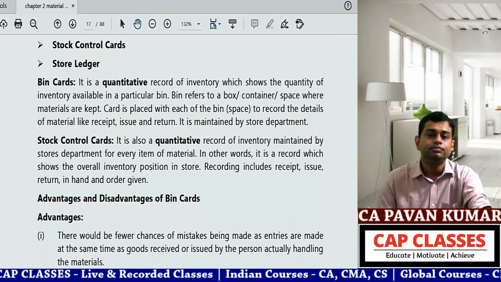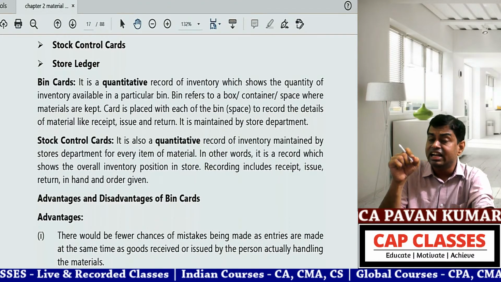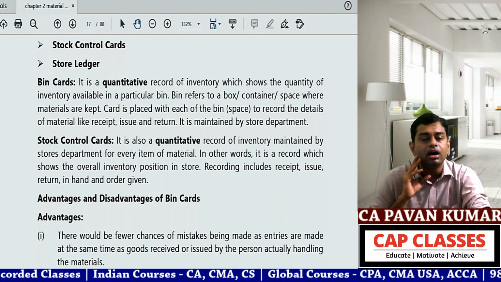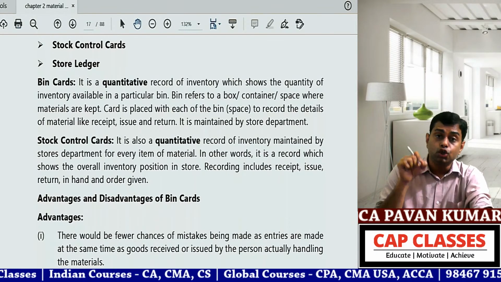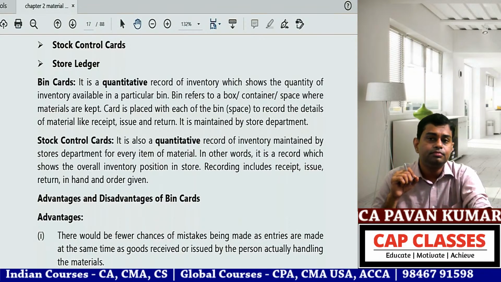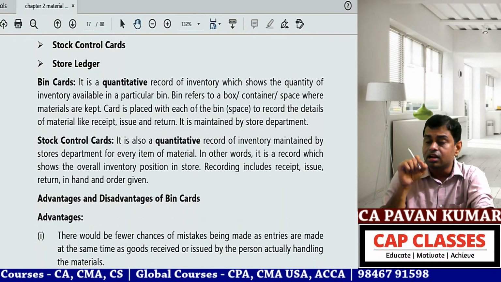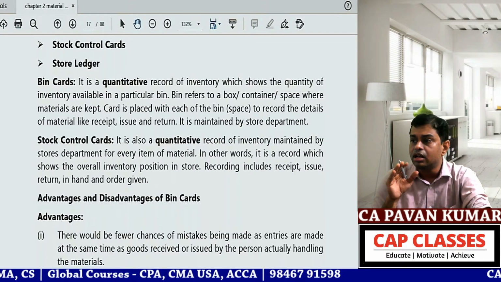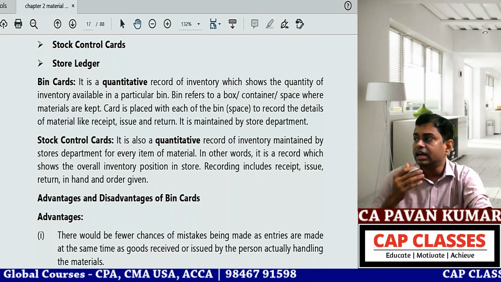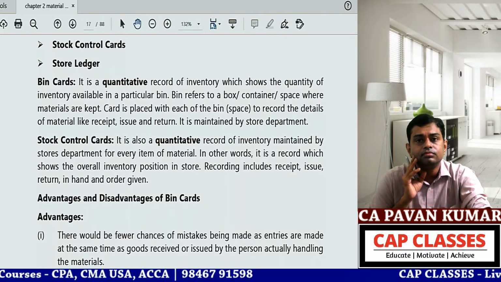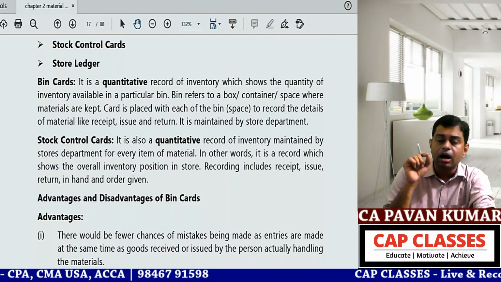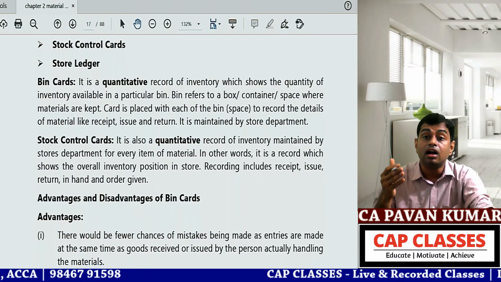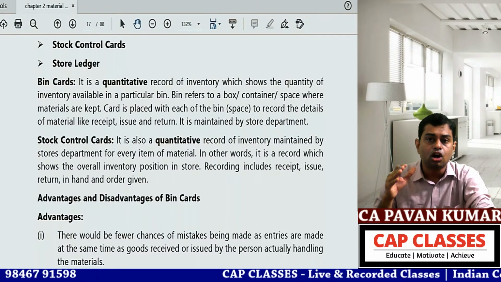Each bin will have a unique identification number, and also a proforma table pasted on it. That proforma is called a bin card.